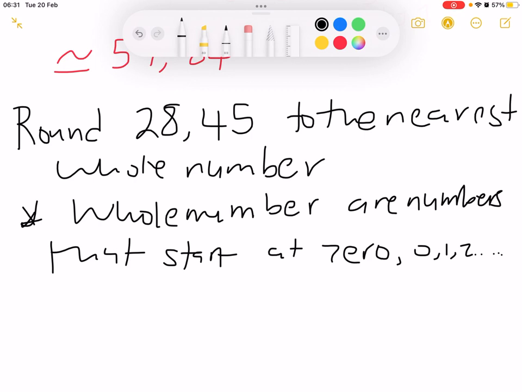So our rounding number here from 28,45, anything that comes after the comma is a decimal, so it's not a whole number.